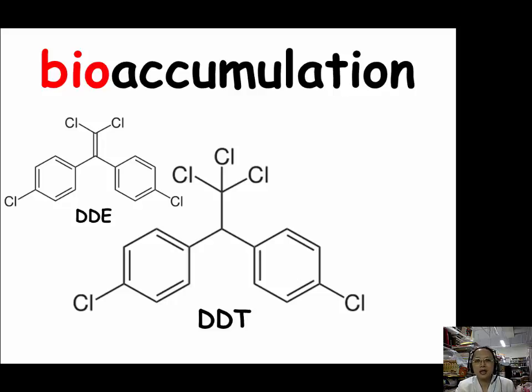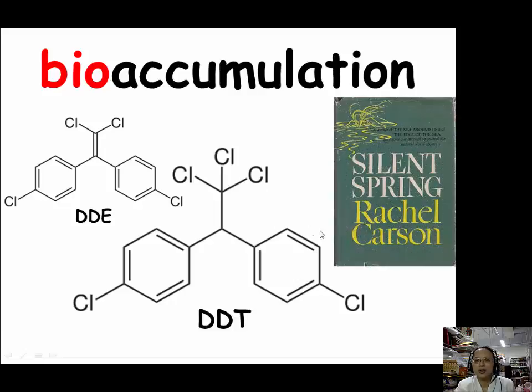During this time, Rachel Carson published a book called Silent Spring. In it, she described the harmful effect of DDT: when spring comes, you won't hear the bugs chirping and there are no birds singing, and so it attracted a lot of attention.